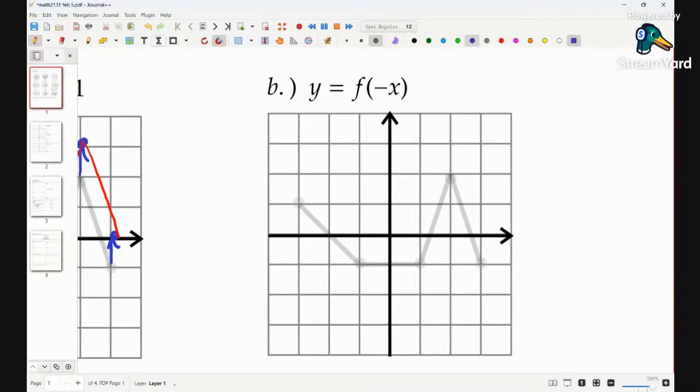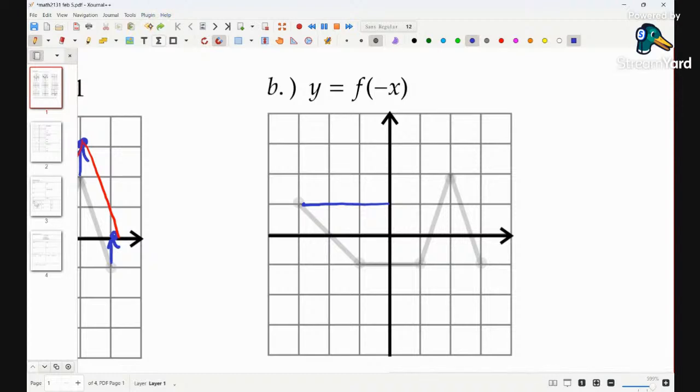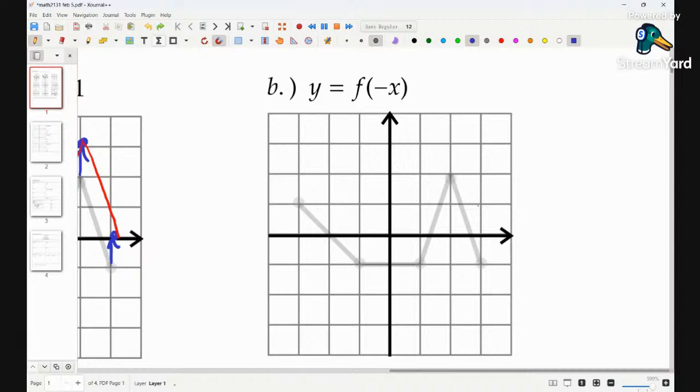So that means this point over here, that is 1, 2, 3 units to the left of y, is now a mirror image 3 units to the right of y. 1, 2, 3, right there. So it gets reflected the other way.